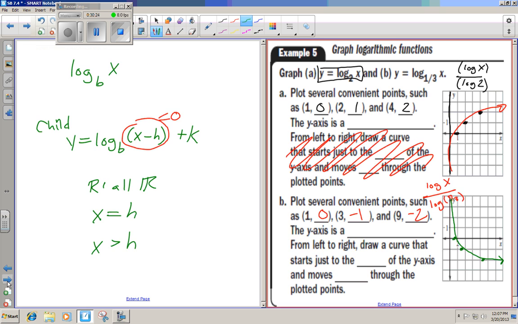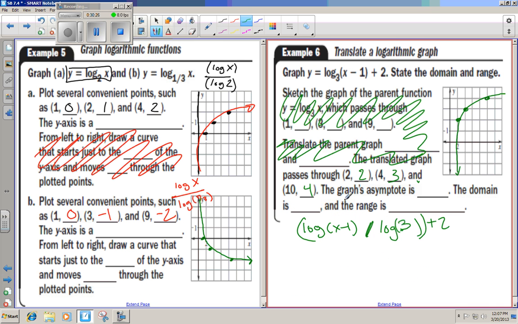So, looking back at our problem here, we type into the calculator, example 6, log of x minus 1 divided by log of 3, plus 2. That's how we graph it on the calculator. The graph's asymptote, remember, is no longer y equals.